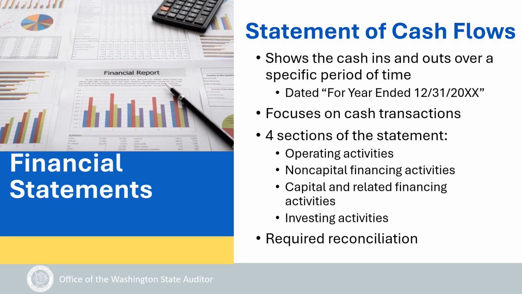There are 4 sections to a governmental cash flow statement: operating activities, non-capital financing, capital and related financing, and investing activities. And this statement also has a required reconciliation to show how the operating income or loss relates to the cash flows from operating activities.